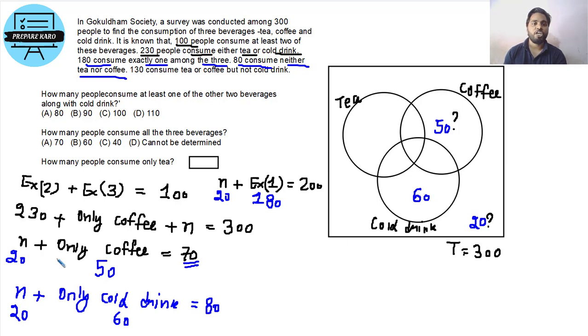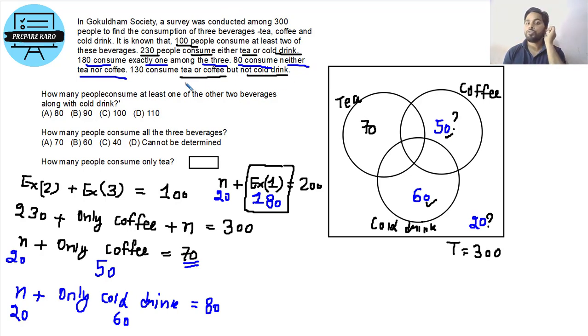So let's put this number 60 here. Now next statement, we have exactly 1 equals 180. Exactly 1 will include only tea, only coffee, only cold drink. If only coffee is 50, only cold drink is 60, 50 plus 60 is 110, and exactly 1 is 180, so 180 minus 110 is 70, right? 130 consume tea or coffee but not cold drink.